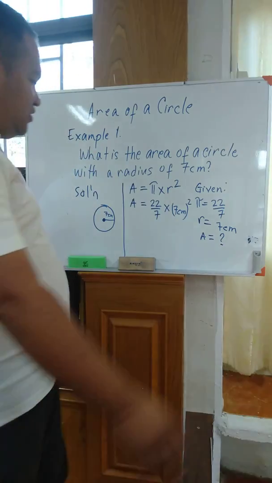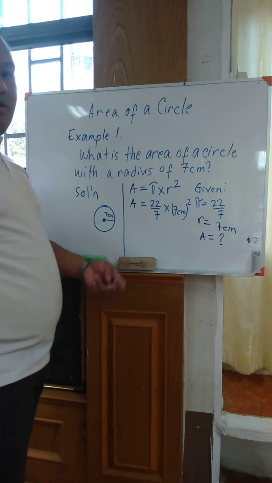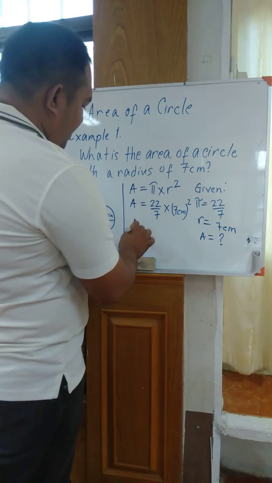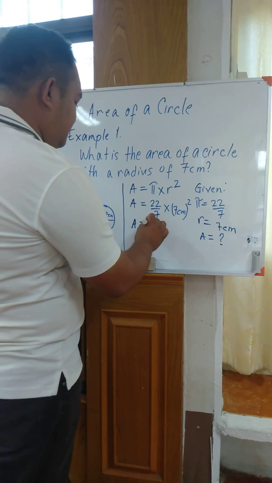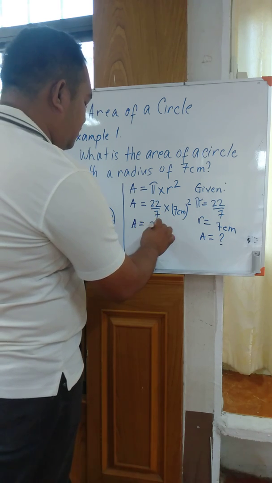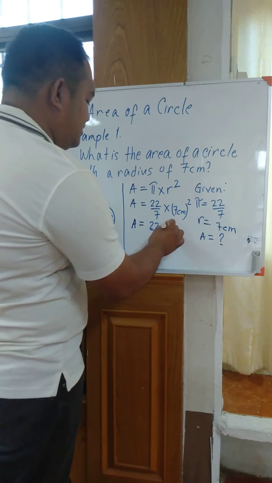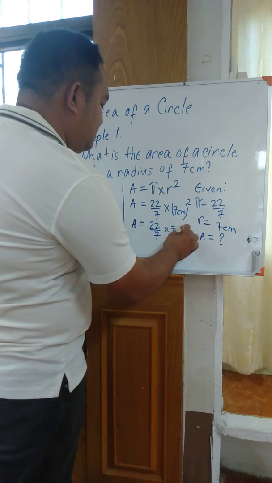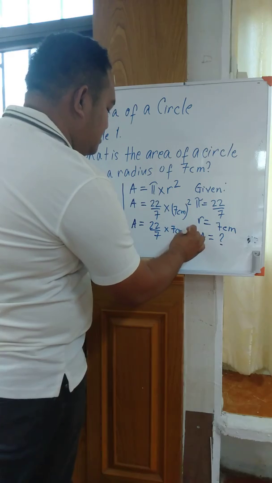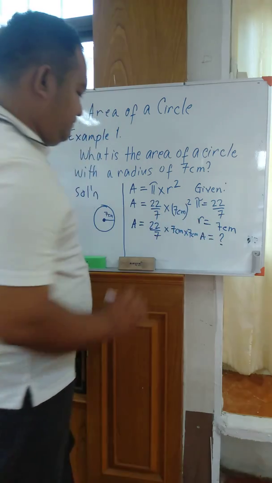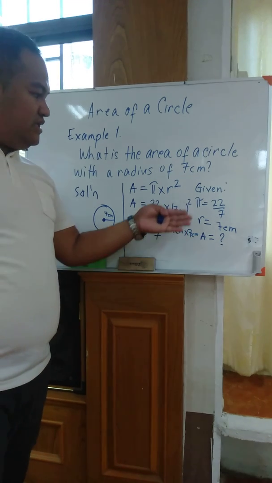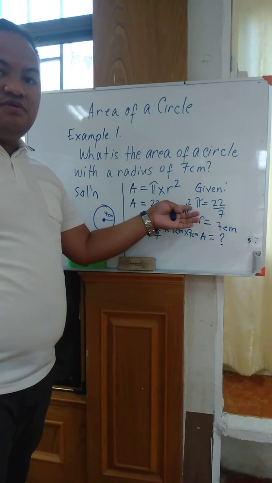Okay, let's continue. Now, let's further simplify this. Area is equal to 22 over 7 times 7 centimeter times 7 centimeter. Why does it go this way? Because it is raised to the power of 2.